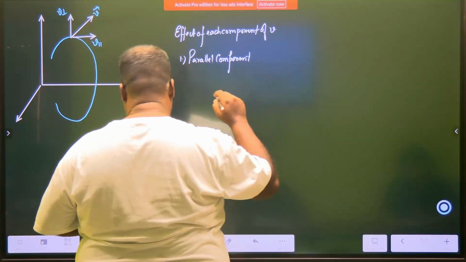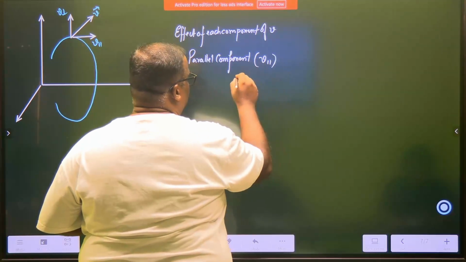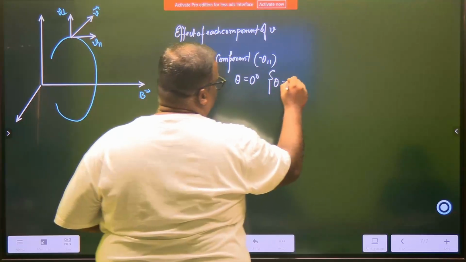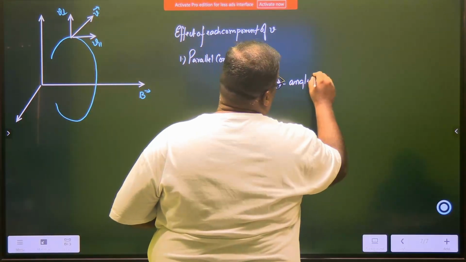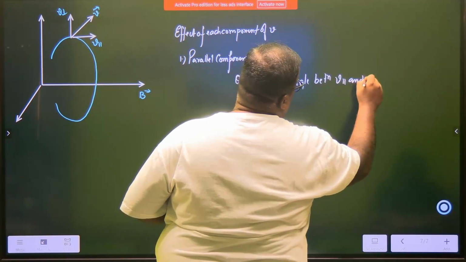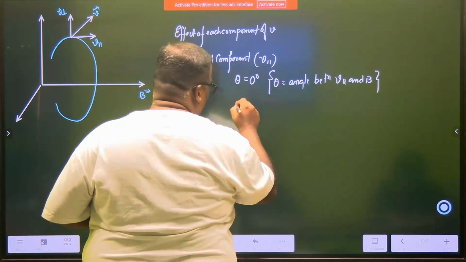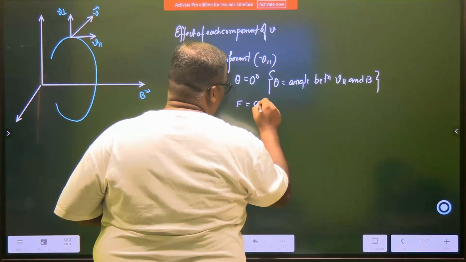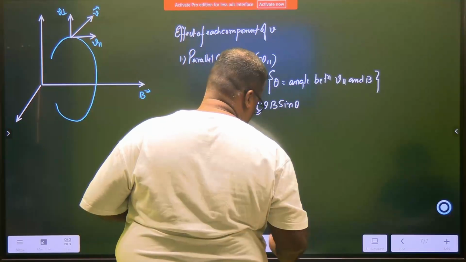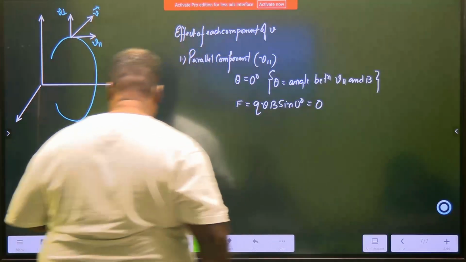So if you have a parallel component, V parallel, in this case theta is equal to 0 degrees. What is theta? Theta is always the angle between V and B. Let's see what the force is. The force is equal to QVB sine theta, or sine 0. Sine 0 is 0, so this is 0.